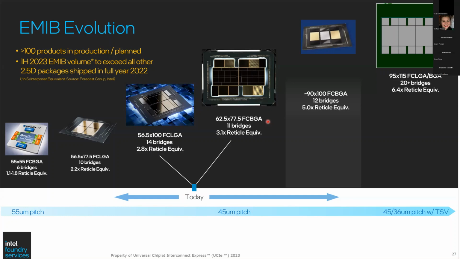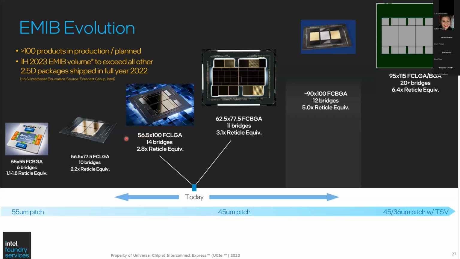Here we cover the embedded multi-die interconnect evolution, or EMIB, starting with 6 bridges on the left in the FPGA product, going to 10 bridges and 14 bridges in Sapphire Rapids.